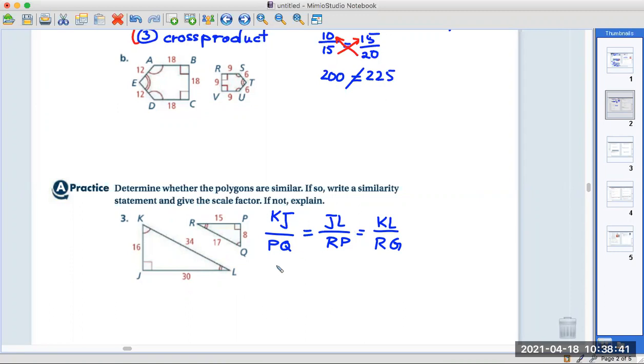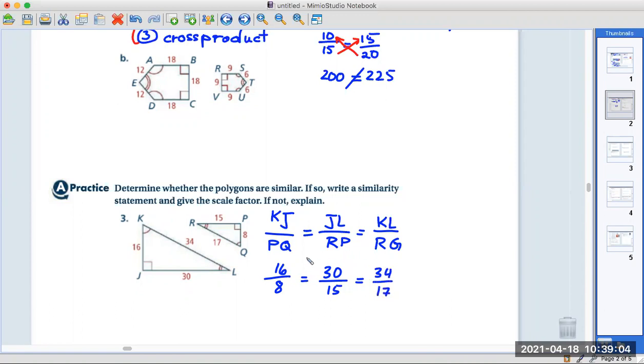So now let's try the numbers. KJ, that's 16, PQ is 8, equals JL is 30, RP is 15, and that should equal KL is 34, and the other one is 17.